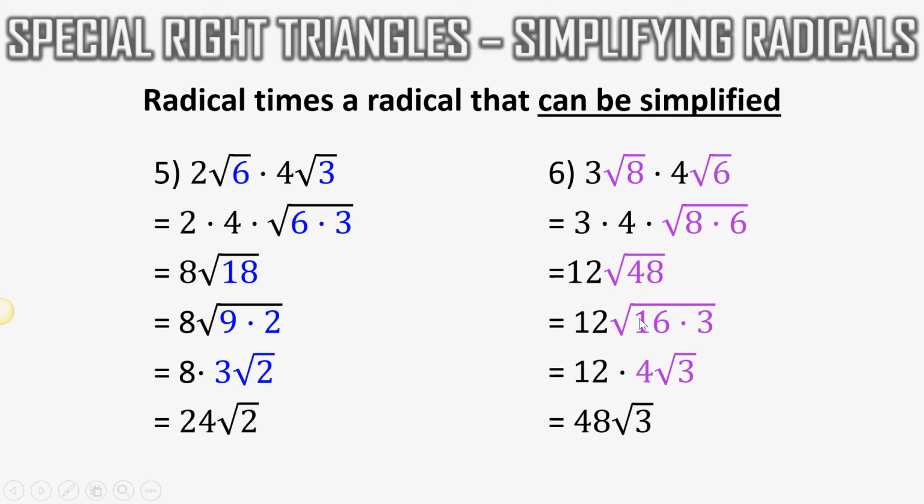But I would want you to boost your mental math level here and figure out what square numbers are factors of 48. And if I know that 16 is a square number, I can just take the square root of it and pull that out, which is 4. Then when I simplify, the 12 times 4 gives me 48, and that 3 stayed under the radical. It was by itself.